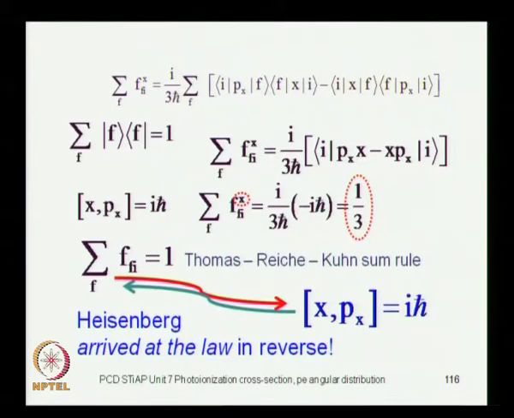Heisenberg was working with a large number of problems involving matrices and so on, and he was working with spectroscopic sum rules, and this was one of the inputs which led him into discovering the non-commutation between the position and momentum operators. So you will find a reference to this in Fano and Rao's book.